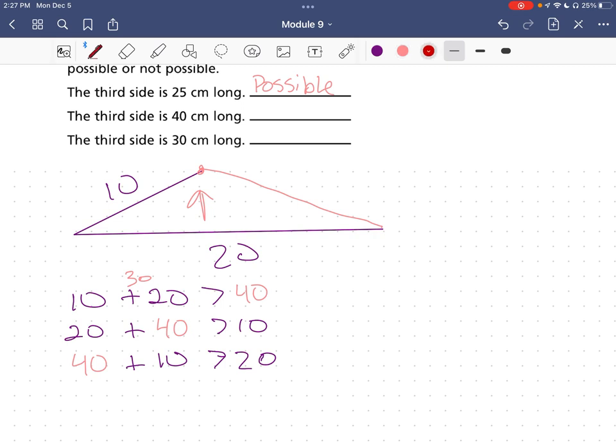All right, so our first one here, 30 is greater than 40. Ooh, that's not true. False. This one, 60 is greater than 10, and 50 is greater than 20. But that won't work. That 40 side would be way too long. That would look like a long 40 side with a 10 just reaching and a 20 reaching, but no high five there. They are not going to touch. Not possible.